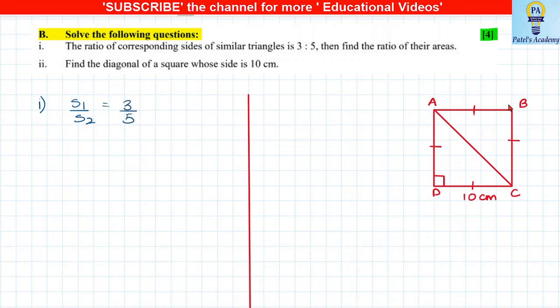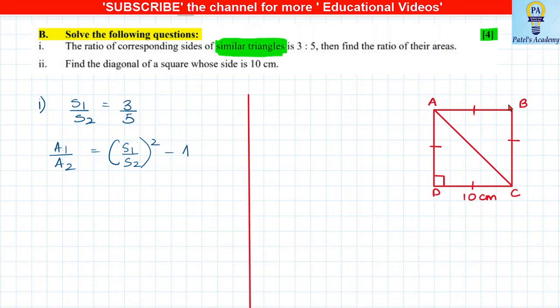The important thing here, students, is that the triangles are similar. So when triangles are similar, the ratio of their areas is equal to the square of the ratio of their sides.